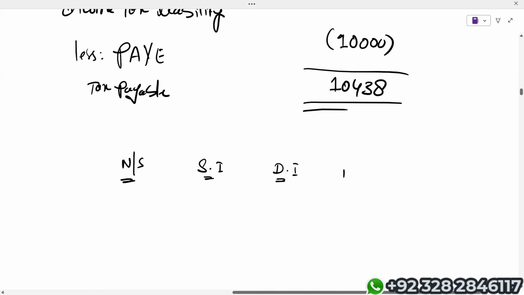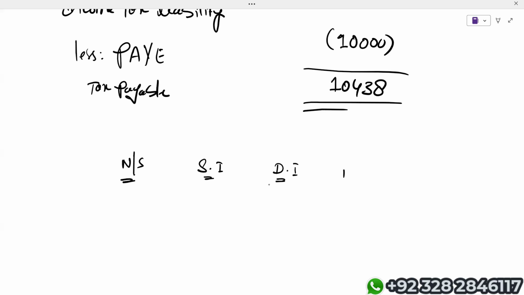Look at the name, live revision class. What is the meaning of a revision? Revision does not mean that you start learning something altogether new. I think we dropped the message at least 5 or maybe 6 days before that class, and we did mention the topics as well. So kindly, first study all the topics which we'll be covering in a live revision class. Then attend this class. It will give you 200% benefit.